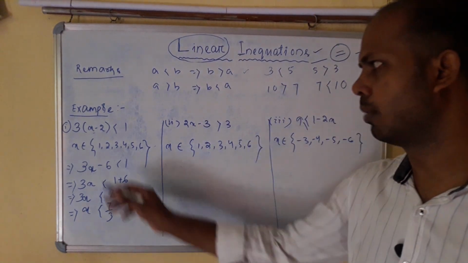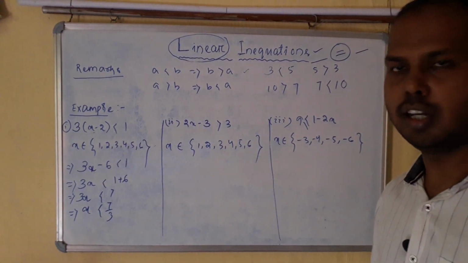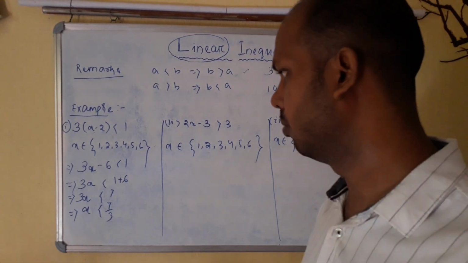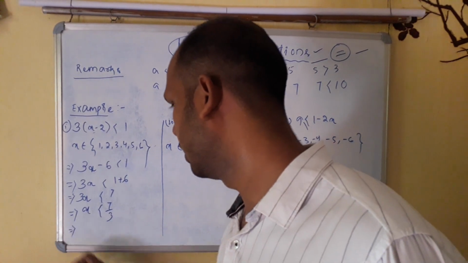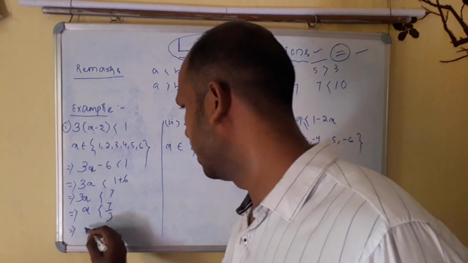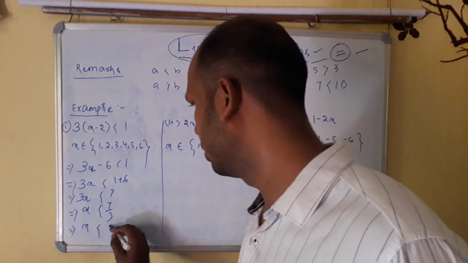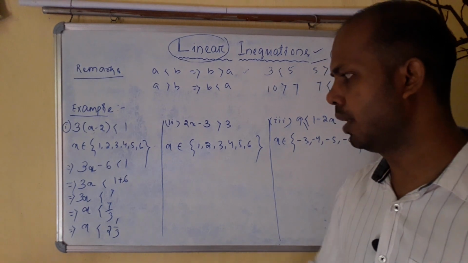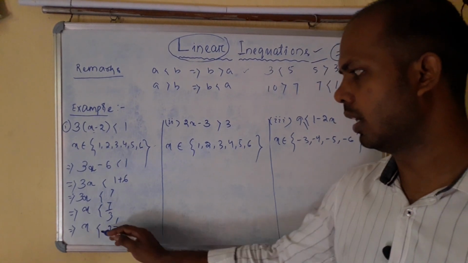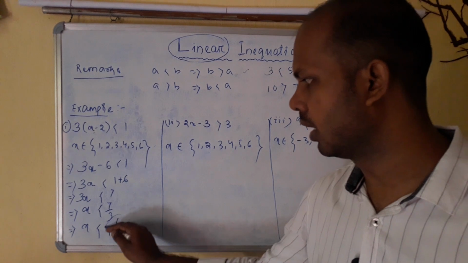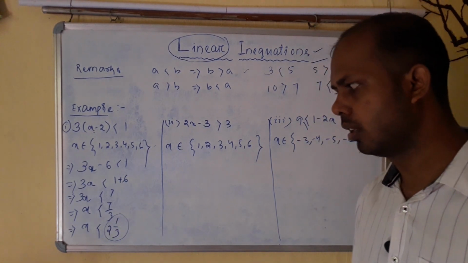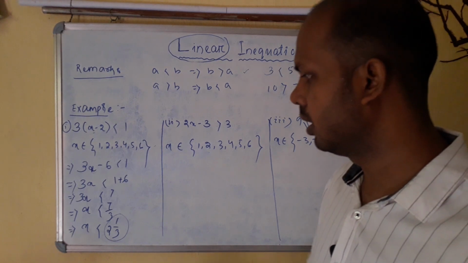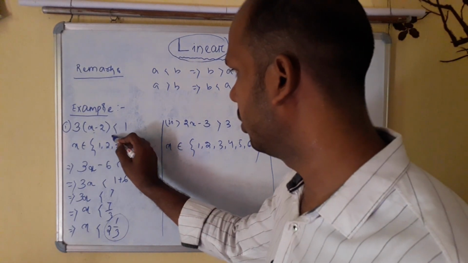Note here the values of x are given as natural numbers, but x is coming as a fraction. What will we do here? We will convert it into a mixed fraction: x is less than 2 whole 1 by 3. That means the value of x is less than 2 whole 1 by 3. This mixed fraction will come in between 2 and 3.